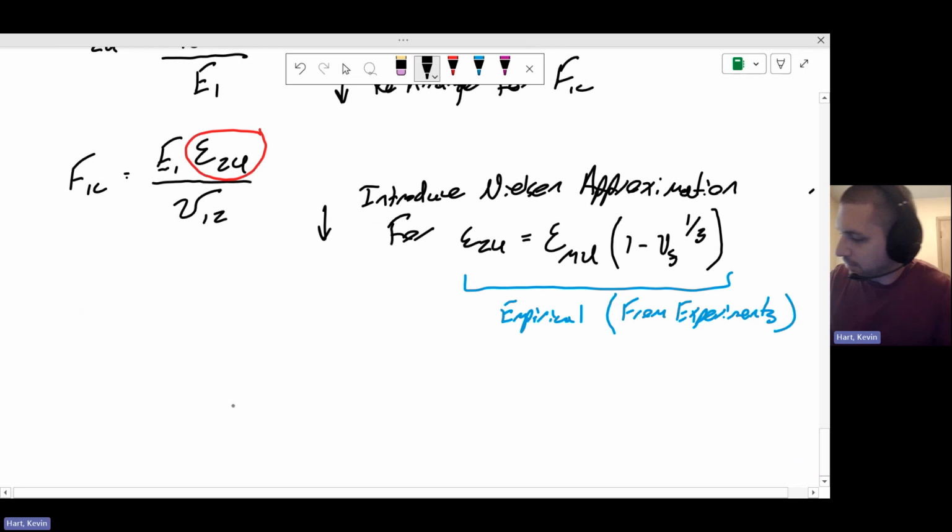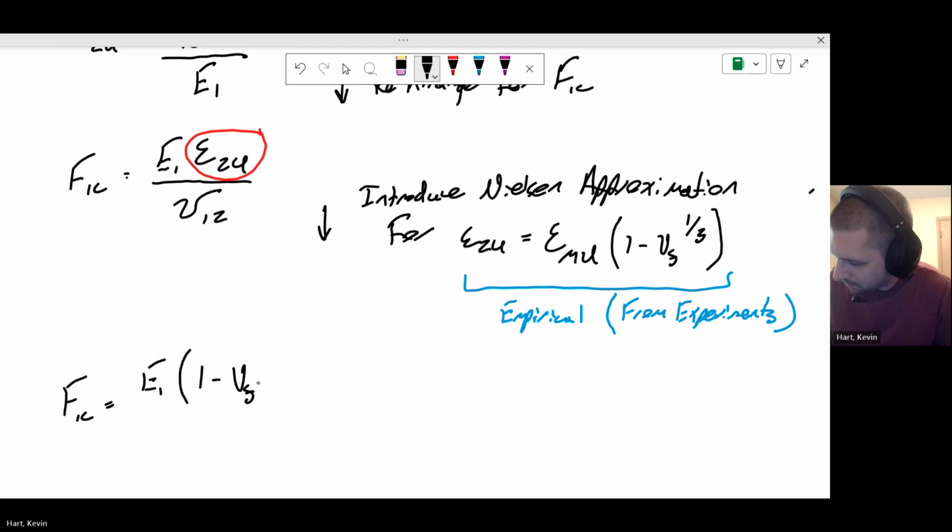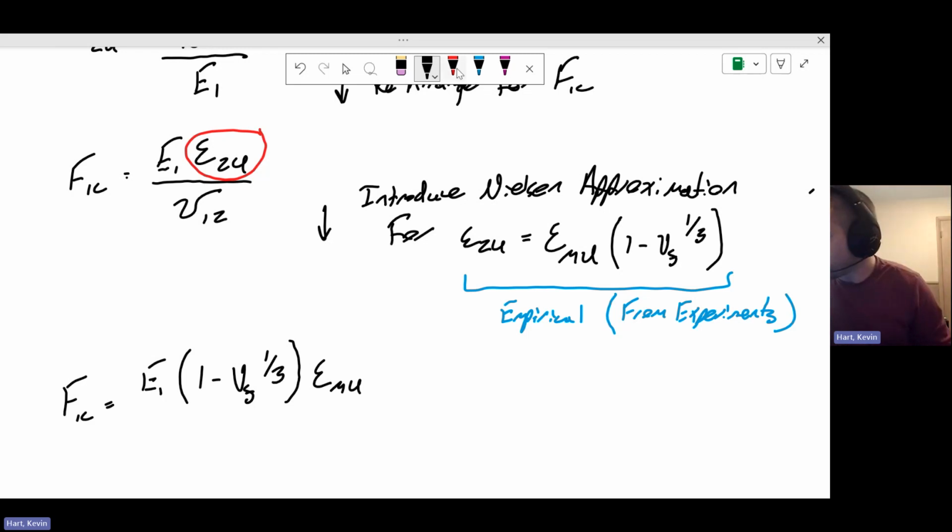So we can plug that in here now. Okay, so I will introduce this as 1 minus VF to the 1/3 times the strain to failure of the matrix. So this is the strain to failure of the matrix. Right there. And I'll write that here.